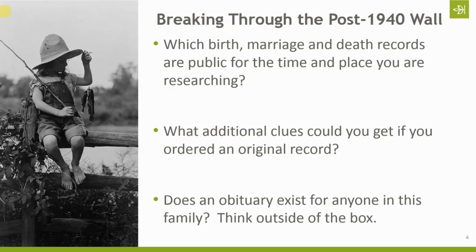So for example, we're talking about post-1940, but if somebody in the family died in 1934 or 1936, you might still want to get a copy of their obituary because, maybe by the time the 1940 census rolled around, not all the children were still in the household.